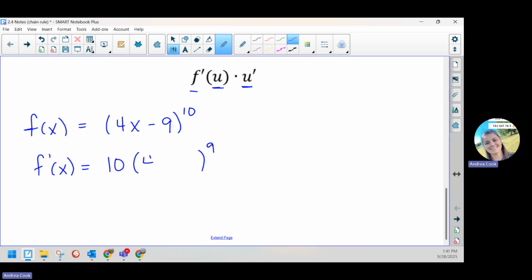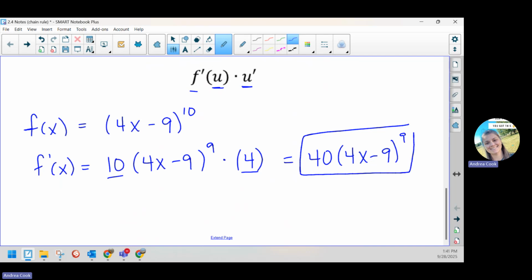I keep the inside function the same, so the 4x minus 9 stays the same, but then I have to multiply or chain on the derivative of the inside function, which is 4, and then you can multiply that 10 times 4 to get 40 times 4x minus 9 to the 9th power. That's the way I normally do it.